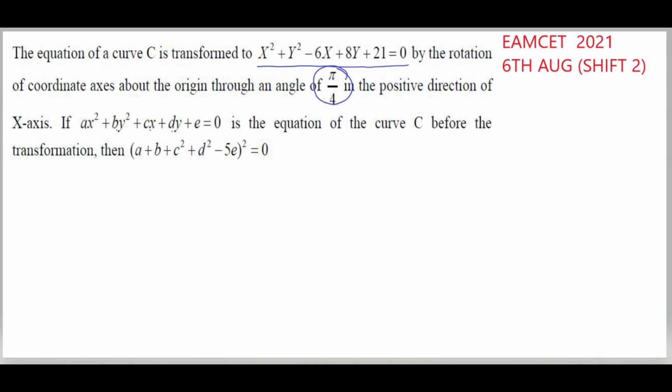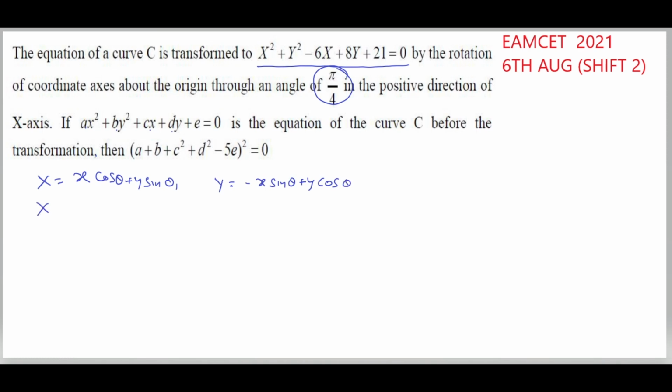We know that capital X is equal to small x cos theta plus y sin theta, and capital Y is equal to minus x sin theta plus y cos theta. Here theta is given as pi by 4.